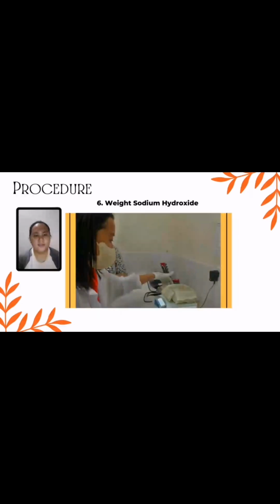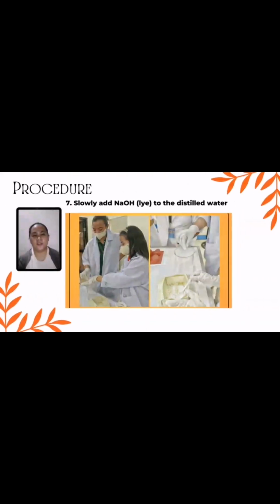Next, we weigh 68 grams of NaOH using a pocket weighing scale. After we measure the NaOH, slowly add this to the distilled water while gently stirring until the NaOH is fully dissolved and the liquid is clear.